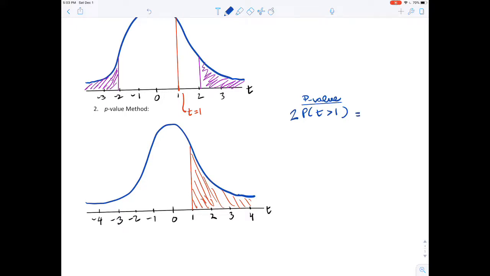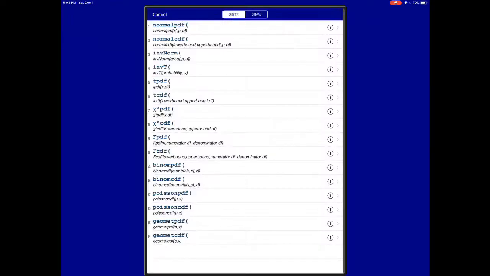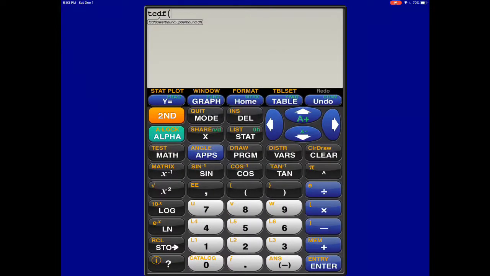And that's going to equal 2 times, second distribution, we would have tcdf. Our lower bound is 1, the upper bound, let's just put something really big, 100, and then our degrees of freedom were 18.